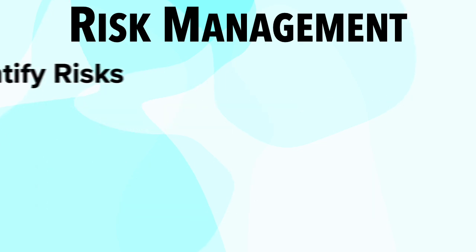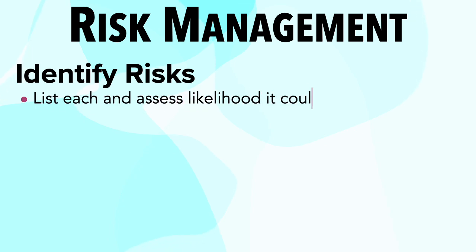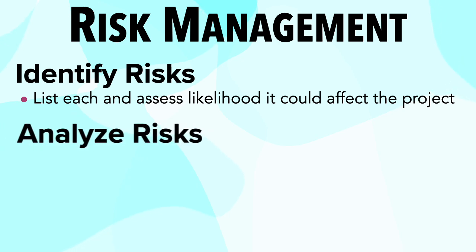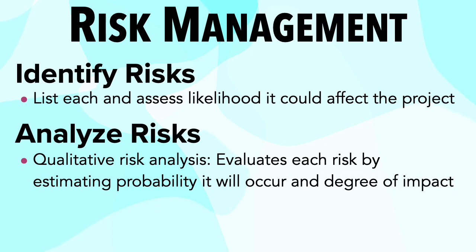Part of risk management, and perhaps arguably the most important part, is identifying the risks and listing them all, and the likelihood that each could affect the project in terms of scope, time, and budget. Then we analyze those risks, that is, evaluating them and estimating the probabilities that they will occur and what sort of impact they will have.